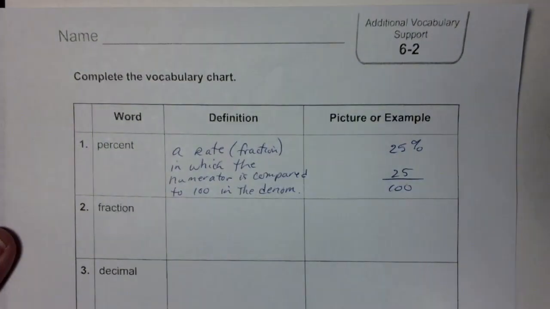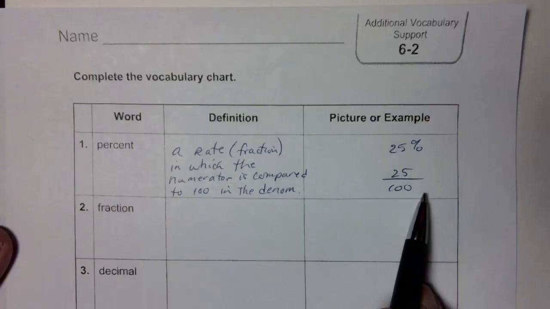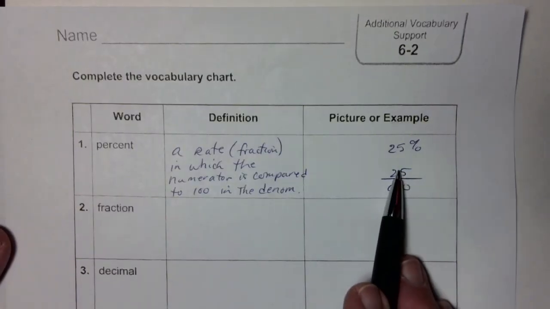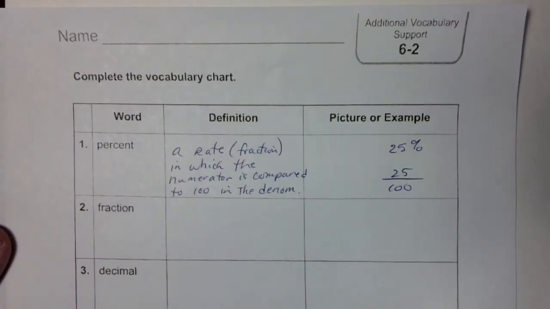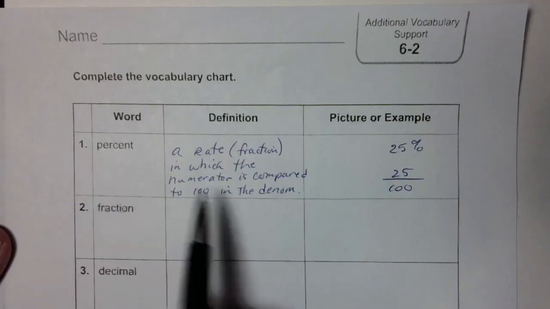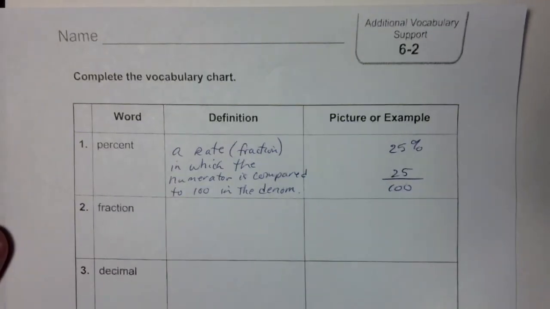I'm going to abbreviate denominator. So, if we're comparing some number to 100, if it's a percent, it's got 100 in the denominator.